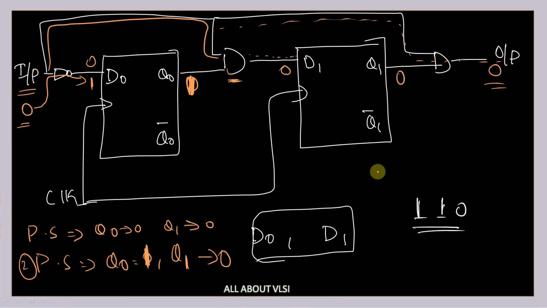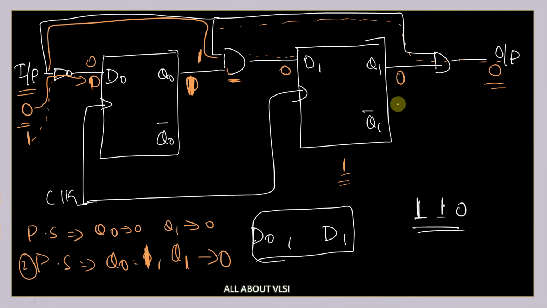Now, let's say I apply 1 at the input. What is going to happen? This 1 travels over here and becomes 0. This 1 travels over here, and one input of your AND gate is 1 and the other input is also 1, which we got from the previous stage.